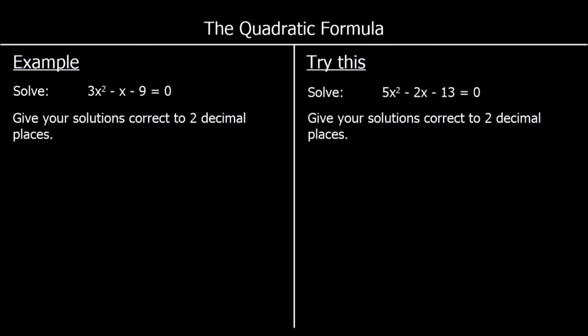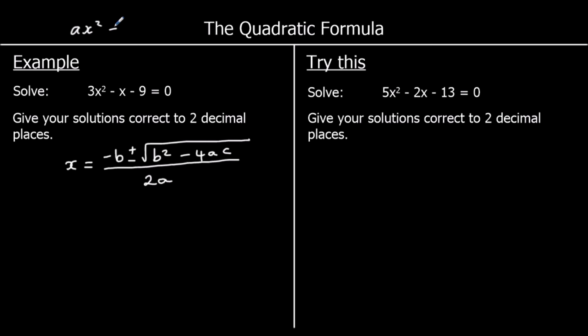The quadratic formula. The quadratic formula says that x is equal to minus b plus or minus the square root of b squared minus 4ac all over 2a. We can use the quadratic formula to solve a quadratic, so something in the form ax squared plus bx plus c equals 0.